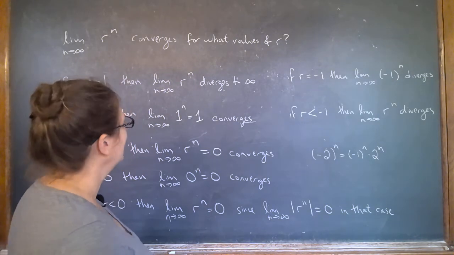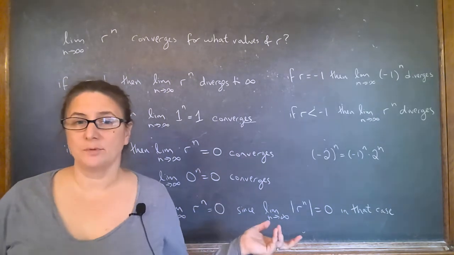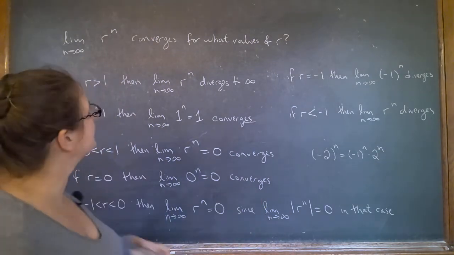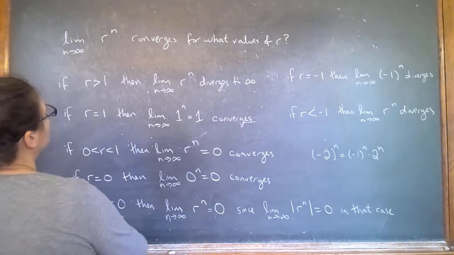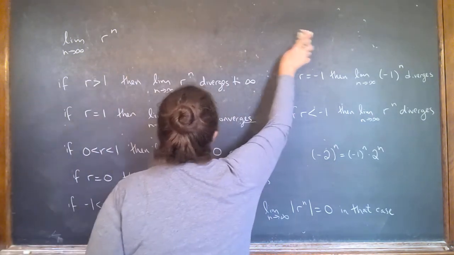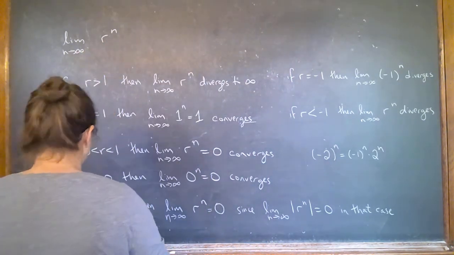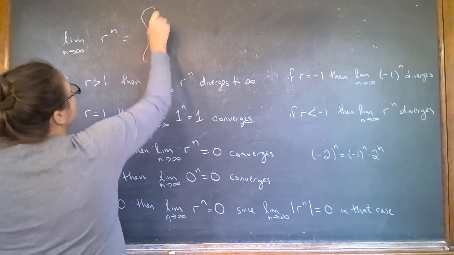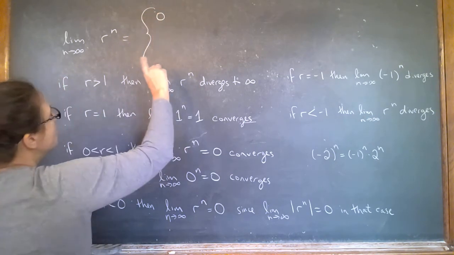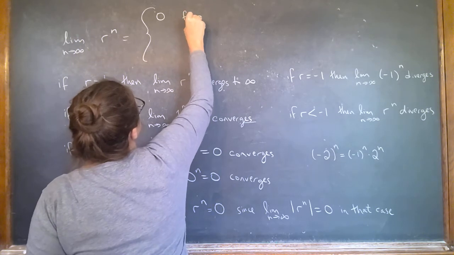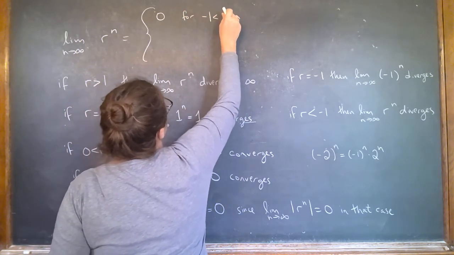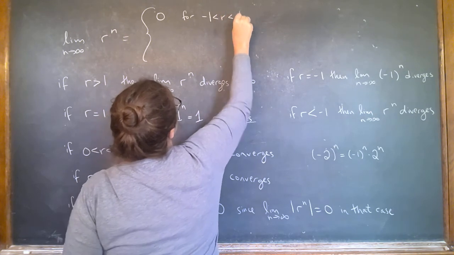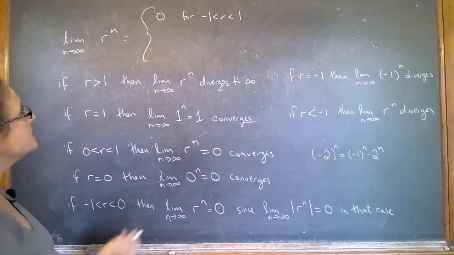Okay, so there's a lot of stuff written on the board, but this is an important limit we need to know. So I'm going to try to distill it here of all of this stuff. So this limit is equal to 0 for values of r between -1 and 1.